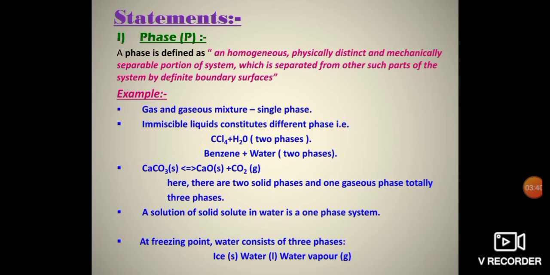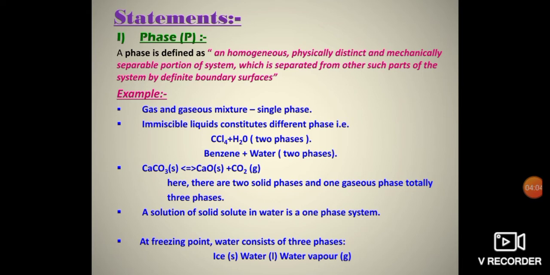Third example, calcium carbonate is a solid, and it gives calcium oxide, solid, plus carbon dioxide, in the gaseous state. So here there are two solid phases, one is calcium carbonate and another one is calcium oxide, and one gaseous phase, that is carbon dioxide.